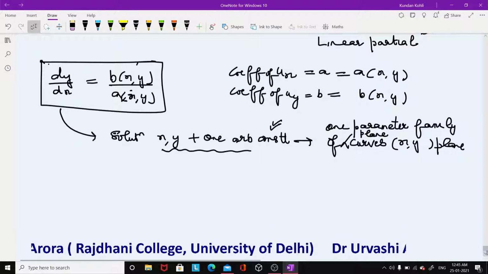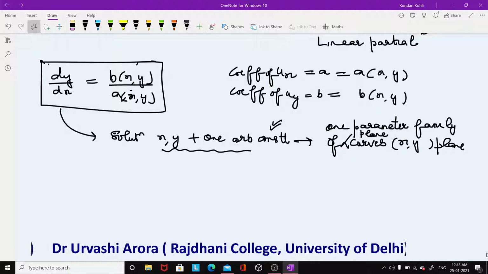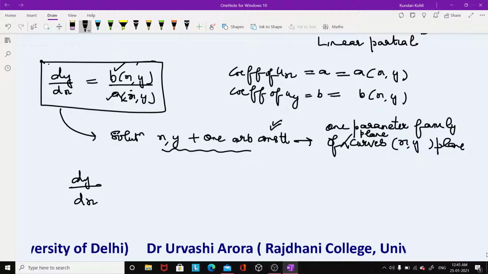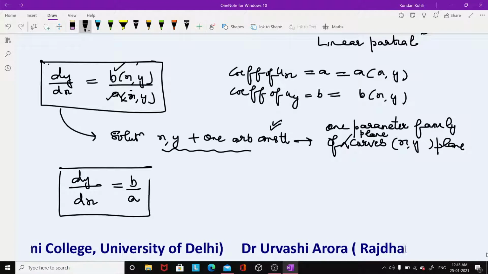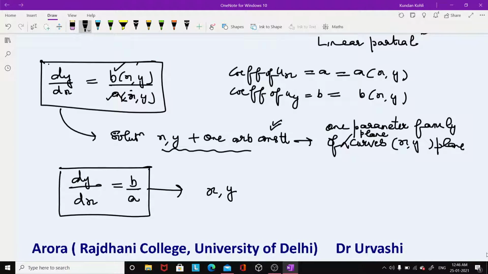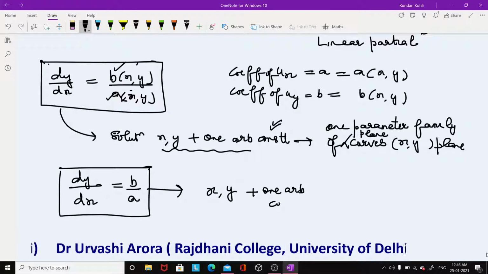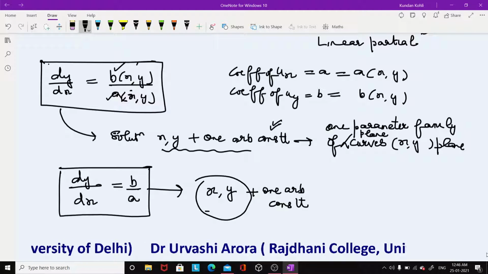And one more point which I want to stress is that in case a and b are constants, then dy by dx will be equal to b by a, where a and b are constants, and when you solve this, you will get a relation involving x and y plus one arbitrary constant. But since a and b are constants, this relation will actually represent a line.